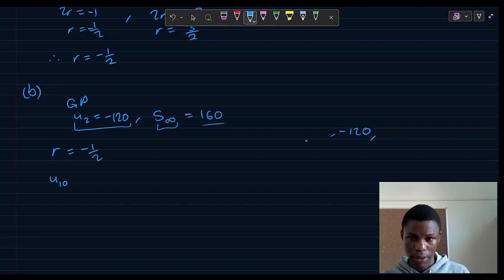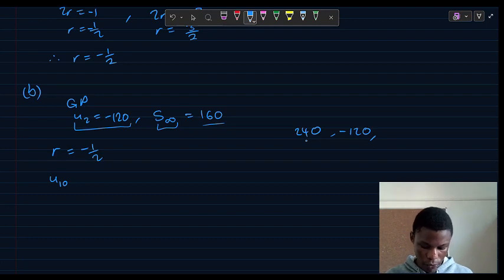Can we go backwards? Our first term, ar, is equal to that. So a has to be -120 over -1/2. So our first term would have been 240.